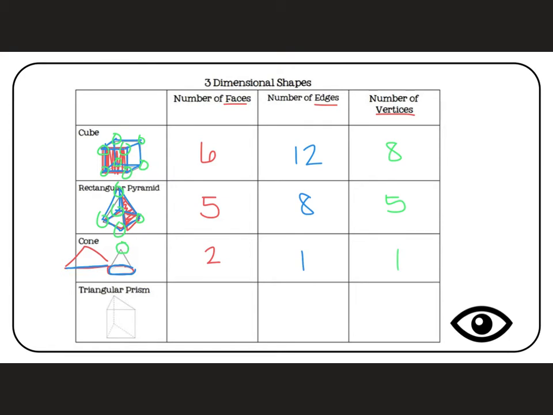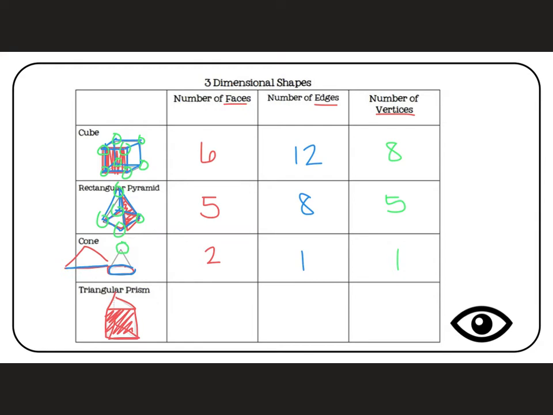And our next shape here is a triangular prism. A triangular prism, you can see, has a triangle on the top and a triangle on the bottom. So it has 1, 2 base faces. But then it also has squares that go around the outside, like this. It's a little bit tricky to see.